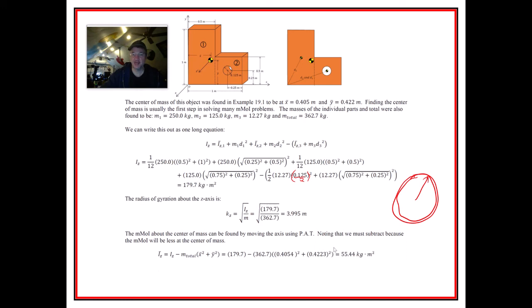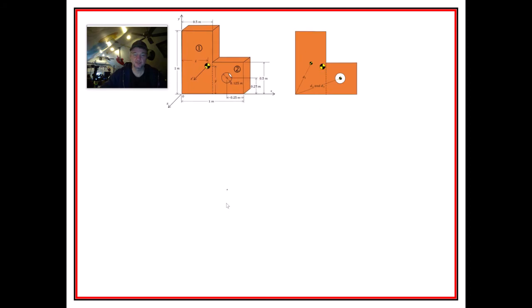If we do that, we end up getting 55.44 kilograms times meters squared. And the radius of gyration is now a smaller radius of gyration. Of course, it's a much smaller mass moment of inertia right here.